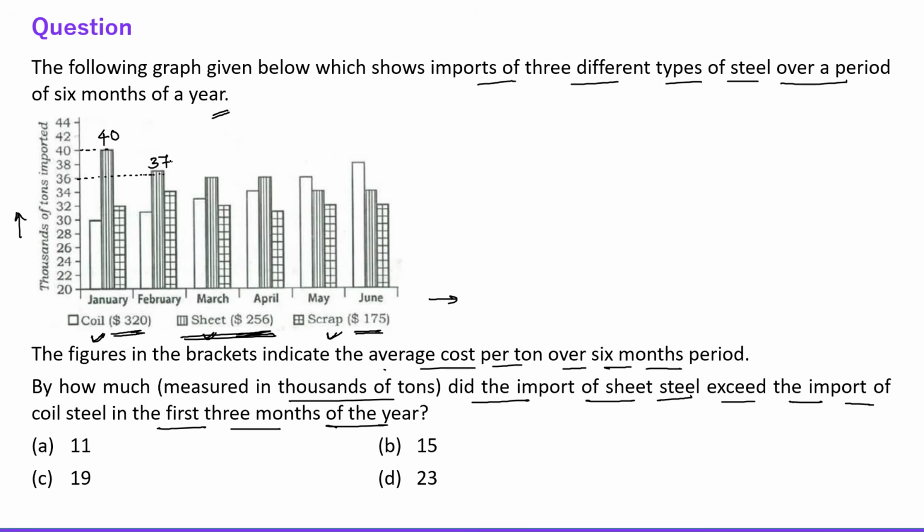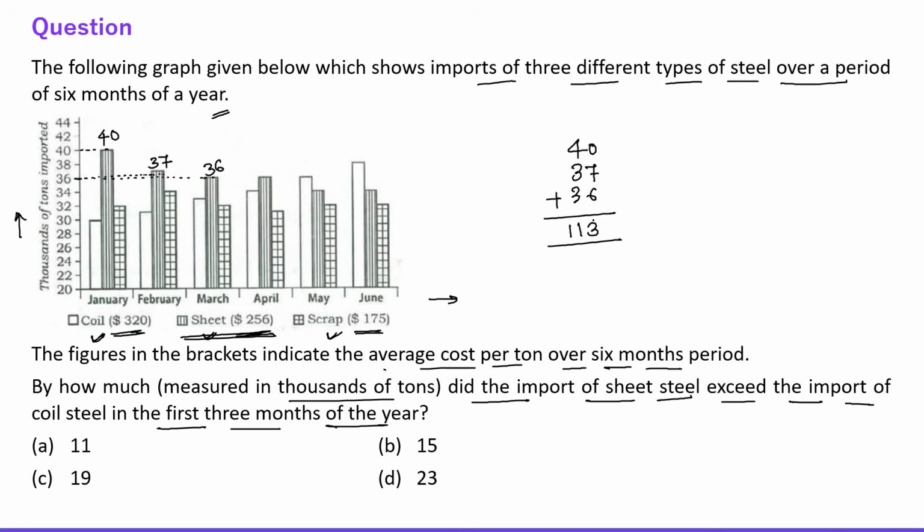Let's say it is 37. Then sheet steel for March is 36. So for the first 3 months, the sheet steel is what? 40, 37 and 36. Just add all of them. So it will become 73 plus 40. This is 113. Sheet steel is 113,000 tons for the first 3 months.